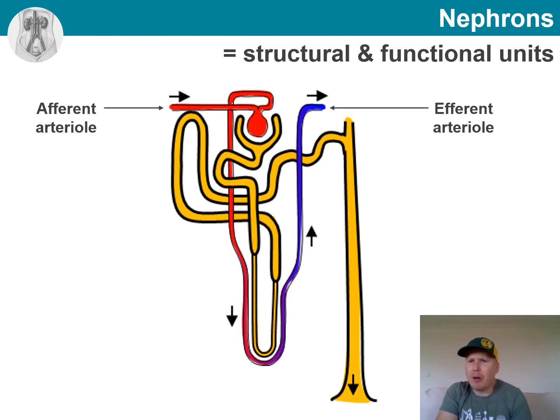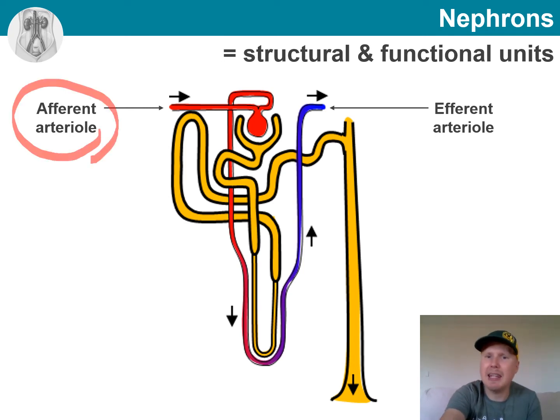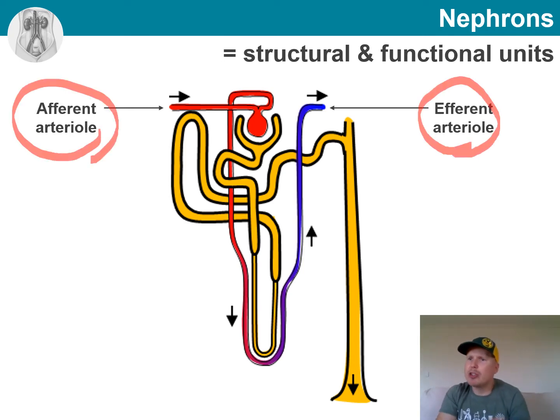So, first of all, we have blood coming in and leaving the nephron. The vessel bringing in the blood is known as afferent, and the one leaving is efferent.